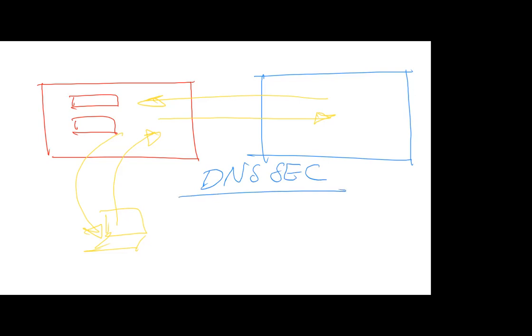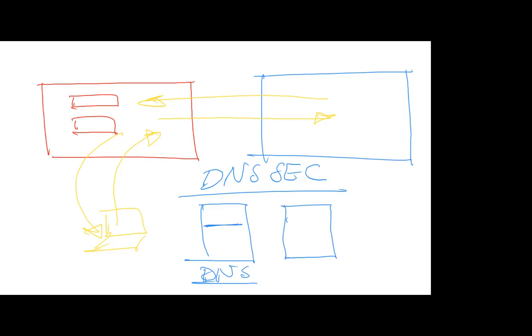DNS security. What is DNS security? DNS security is not changing the DNS functionality or anything, but it adds some information to make sure that this is real traffic, coming from the same server. What do you mean? Suppose that this is your DNS server. If there is any hacker who was able to deviate the traffic into a spoofing DNS server or change the information, then whatever traffic comes from the real DNS server will have a signature.